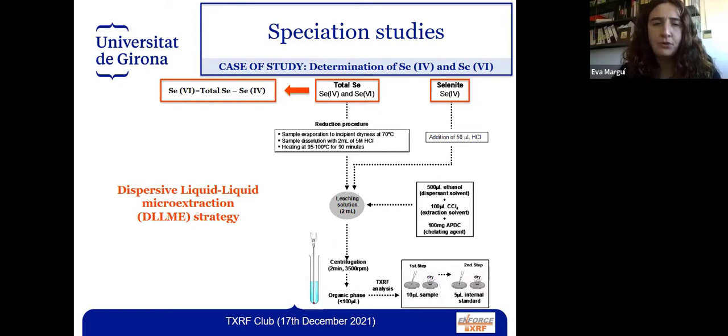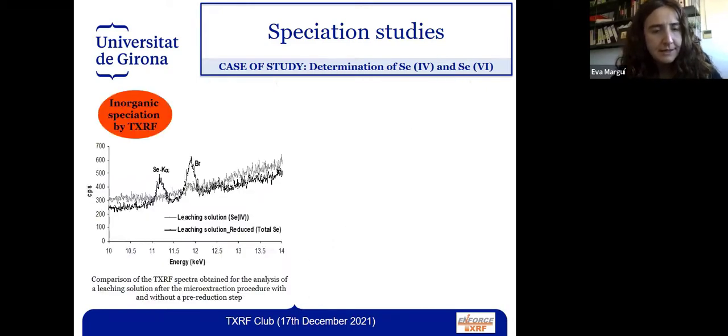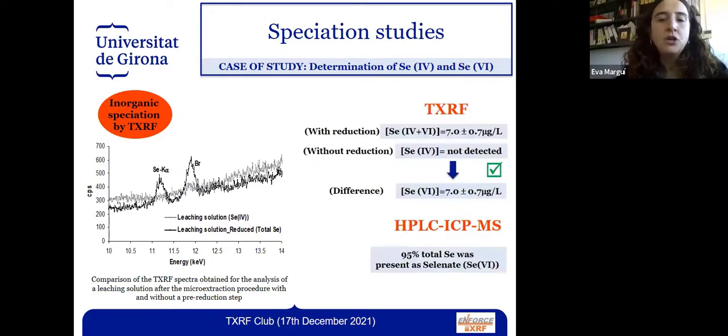We apply this procedure, and here as an example, you can see the spectra of a leaching solution directly applying the microextraction, shown in gray color. In this case, we cannot see the selenium peak, so this means that selenium-4 was not detected. Then we perform a reduction step and we apply the microextraction again, that is the black spectrum.